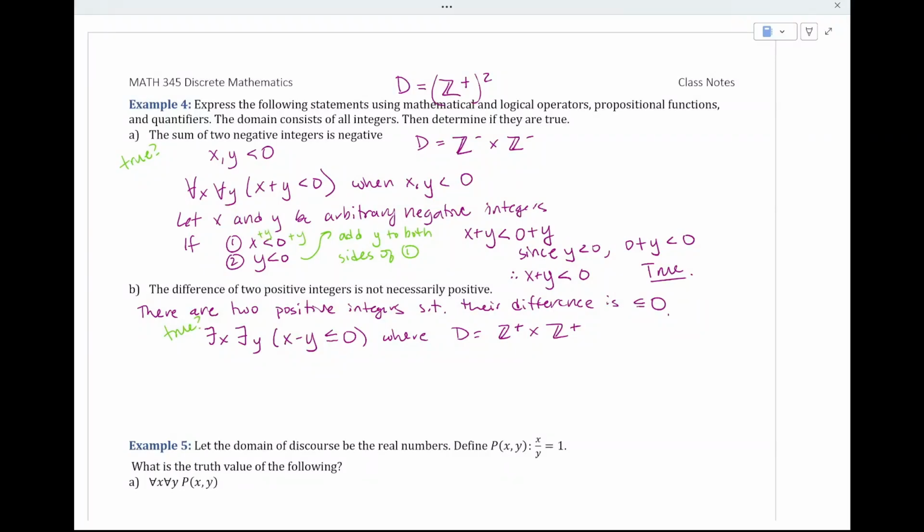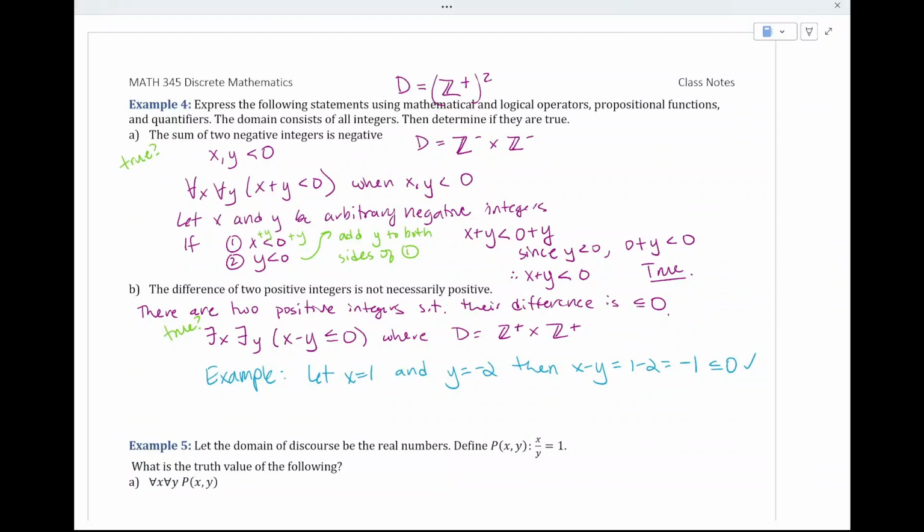Let's see if I can find two integers. So here's my example. And here there are so many examples, not like the other one we did where there were like the 4. Here there's like a bunch of them. Let's let x be 1 and y be 2. Then x minus y is equal to 1 minus 2, which is negative 1, which is less than or equal to 0.